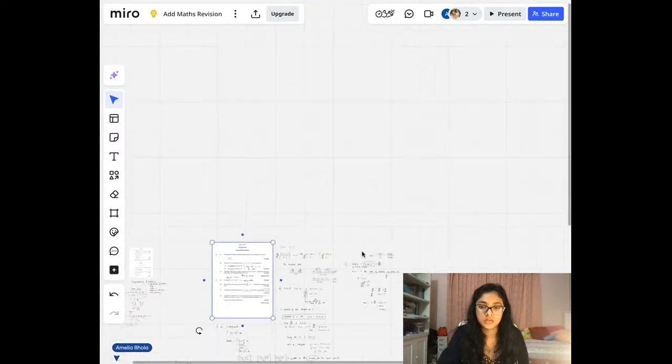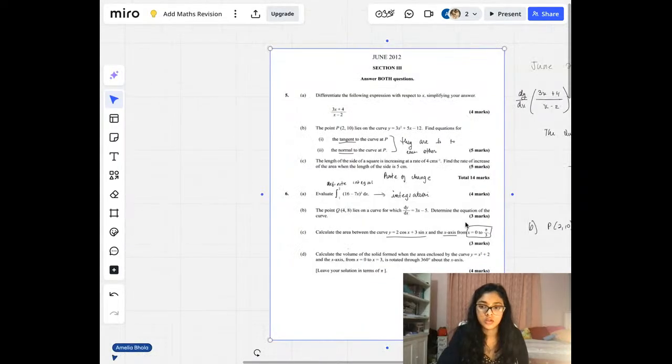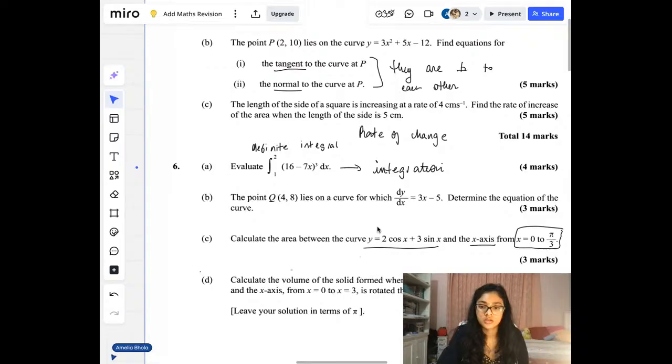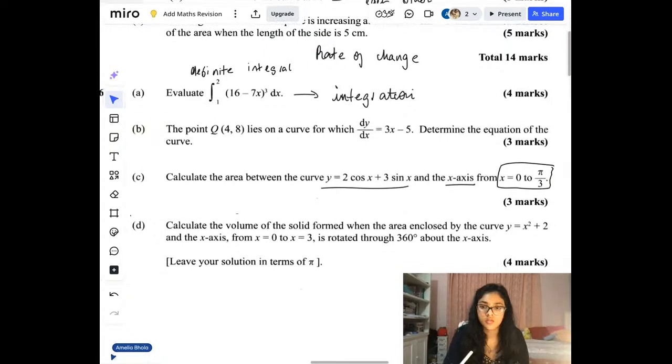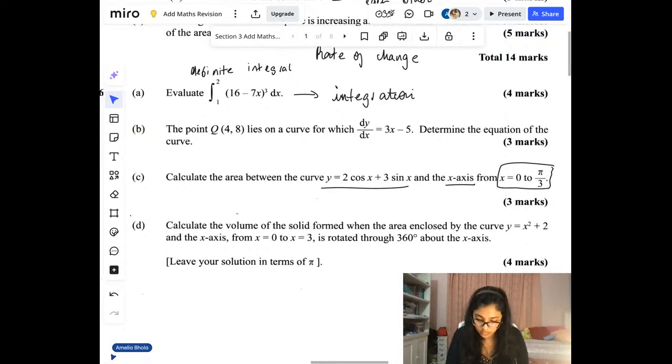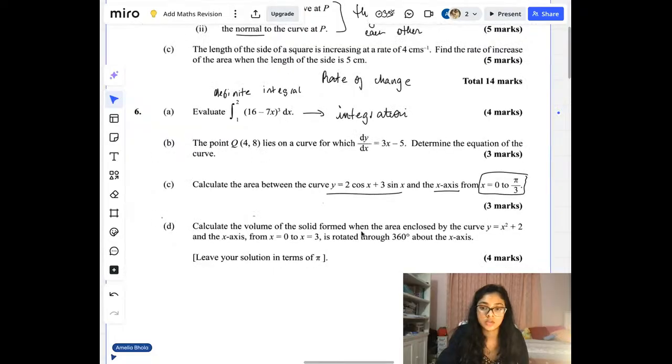Where are the people? Okay. x is equal to 0 and x is equal to 3.